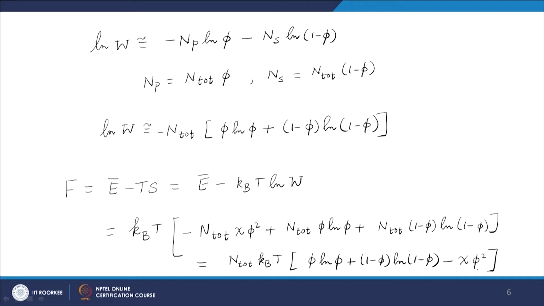okay. So, now we have expression for F, and I have to divide this by volume to get the Helmholtz density. So, F/V is simply F/n_tot multiplied by 1/Vc, where Vc is my cell volume, that is taken as equal to the volume of solute and solvent molecules.